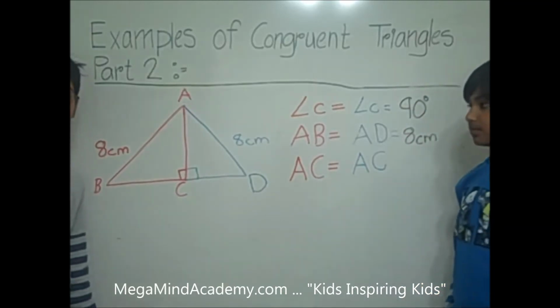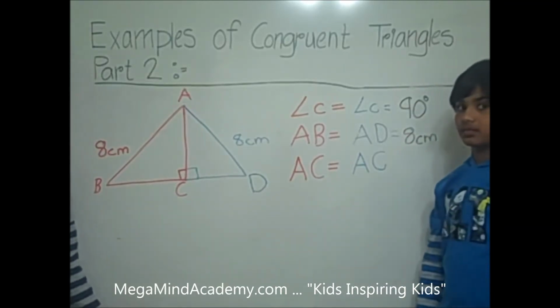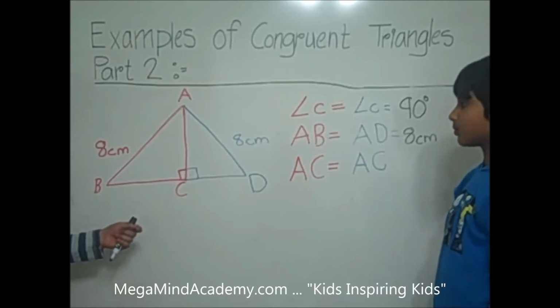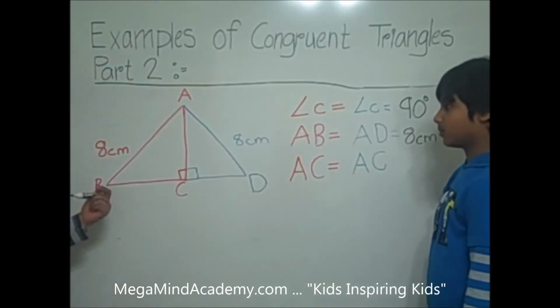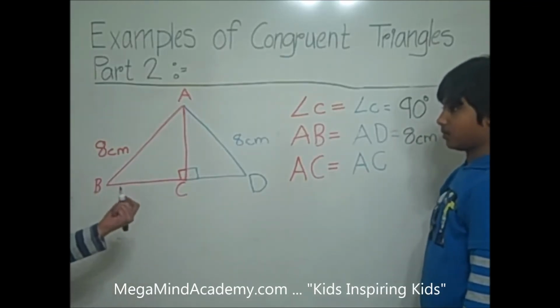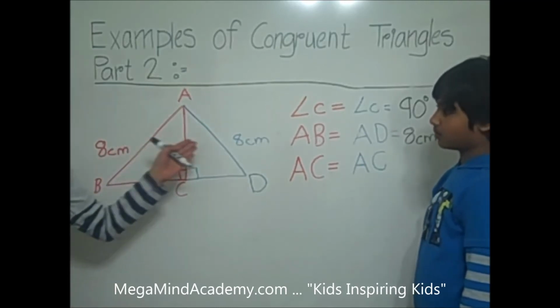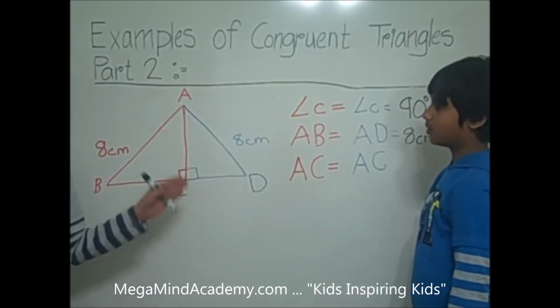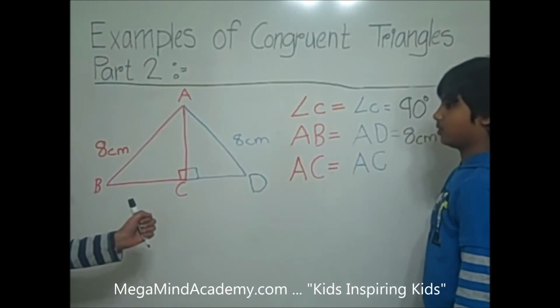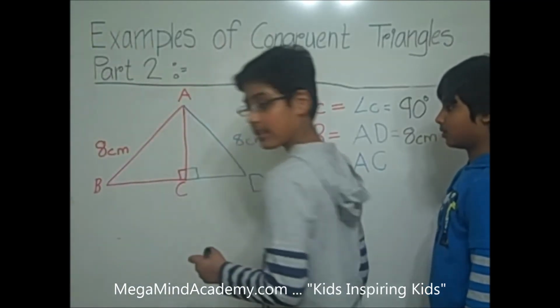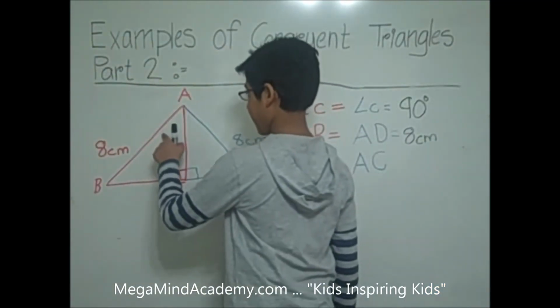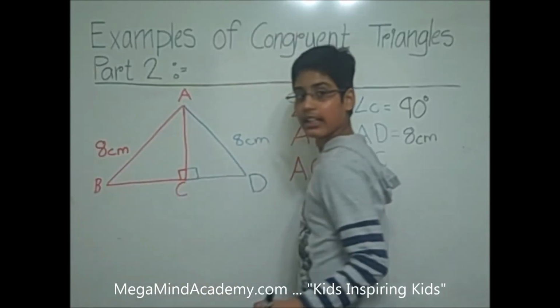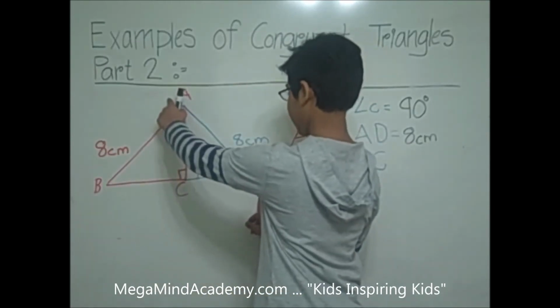Now, to show that 2 sides are equal to each other, they need to have the same number of lines. For instance, this side AB is equal to side AD.